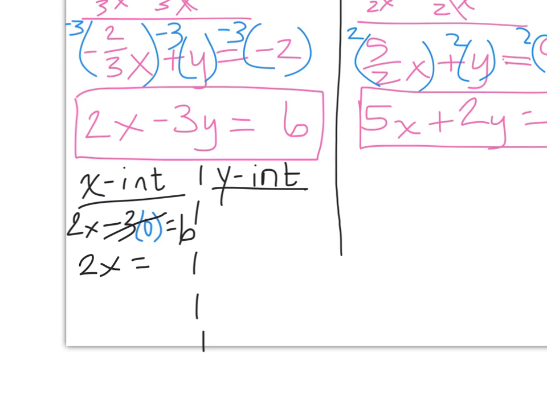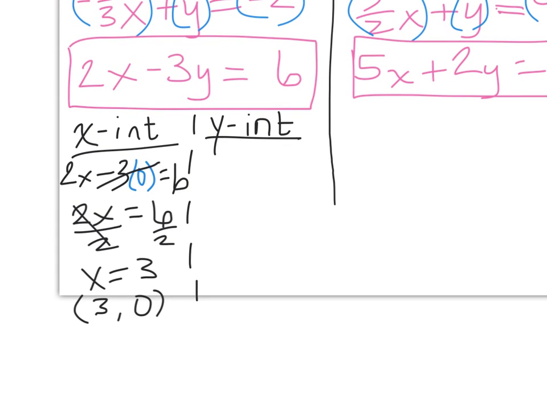So we have 2x equals 6. So I divide by 2, so x equals 3. So my x-intercept is 3, 0.